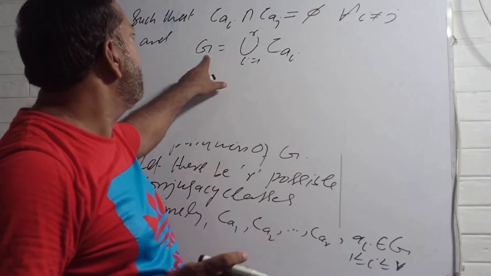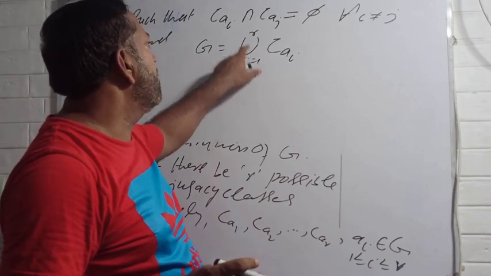So that's why you must have G equal to the union of CAI, I from 1 to R.